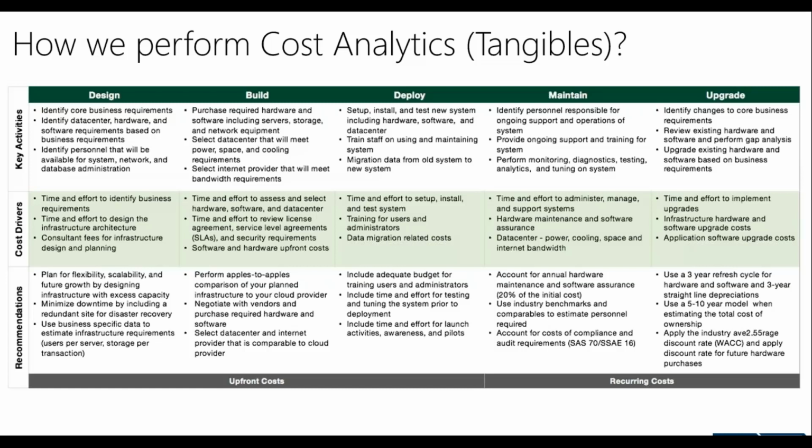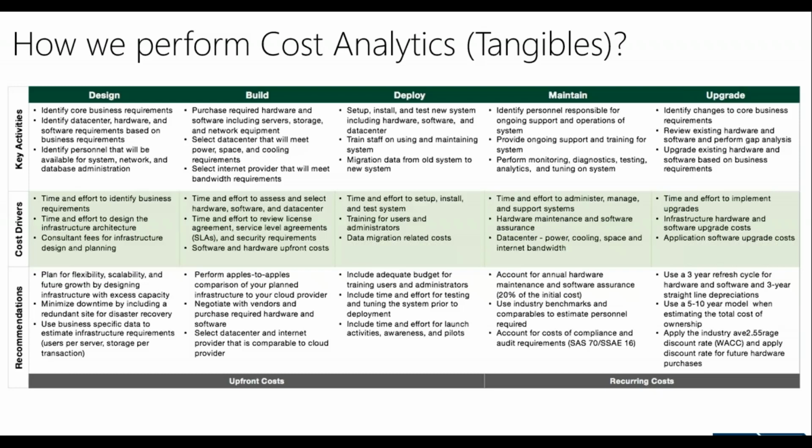Basically, these include the design, the core business requirements, data center, network systems, and database administration. After that, we go for the build: what kind of hardware, storage, and equipment are required to run or deploy the infrastructure or the servers which you need to run your application.